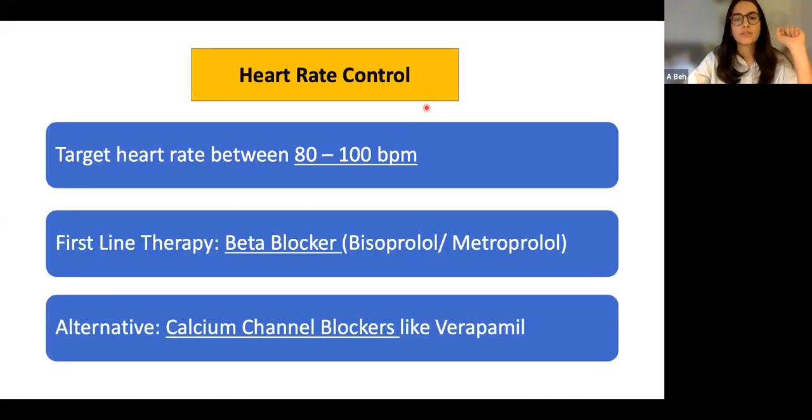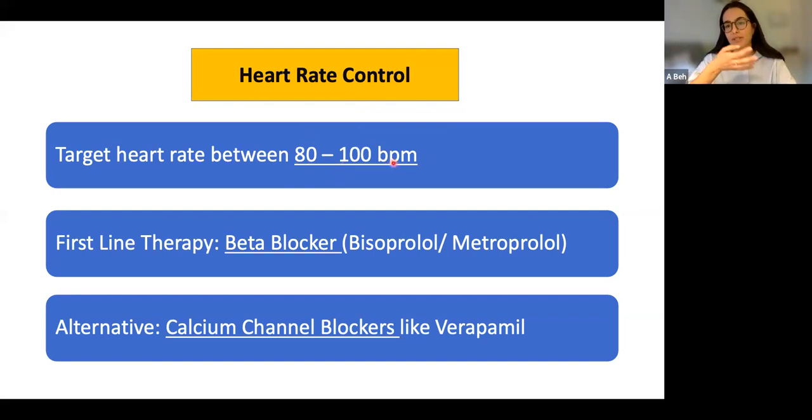Heart rate control is the therapy where we try to suppress the patient's heartbeat to a slower rate. For example, they might be at a heart rate of around 120 beats per minute. And this can feel very uncomfortable, and it's very quick, and the patient might be feeling short of breath or something like this. So we try to suppress the heartbeat to a target rate between 80 and 100 beats per minute.